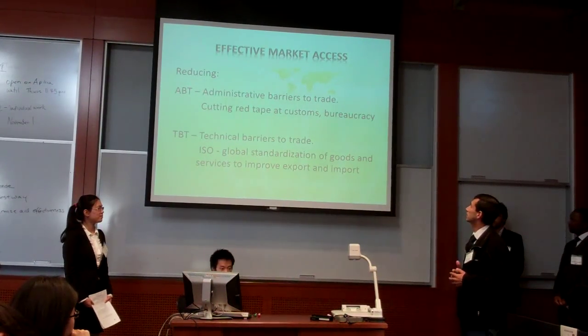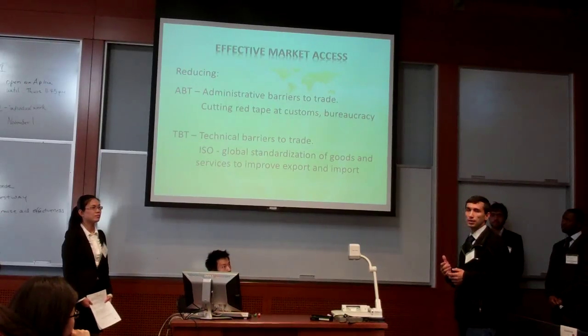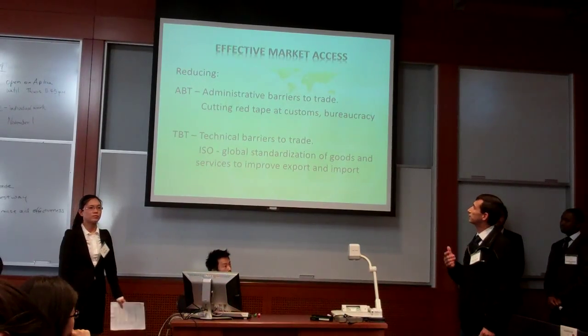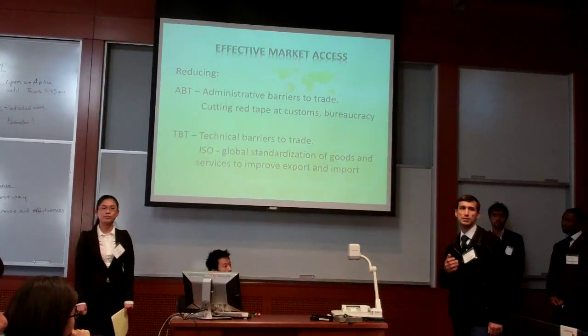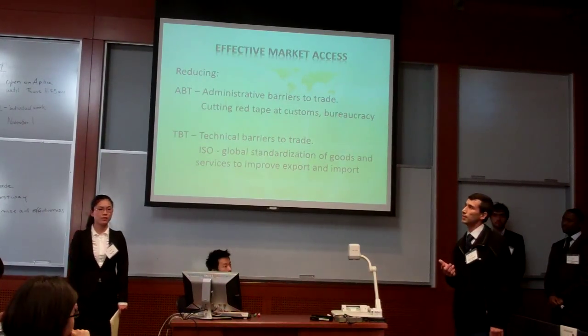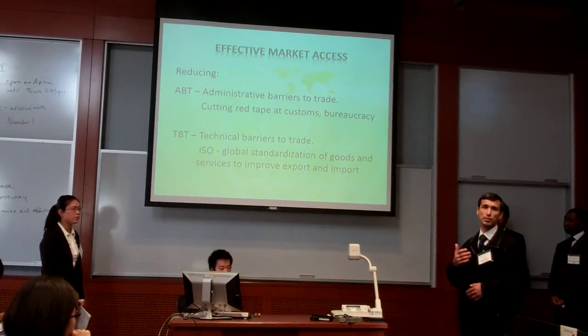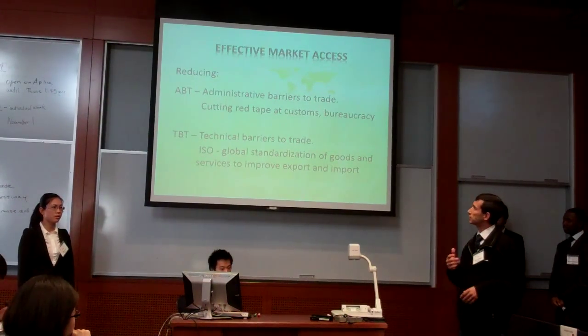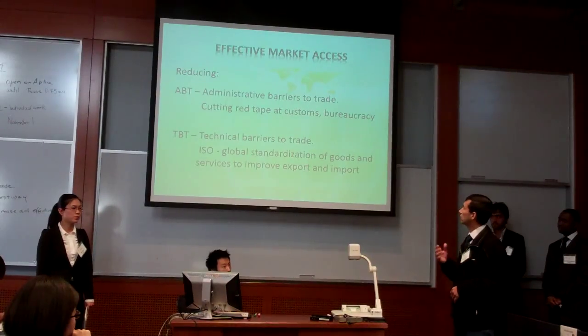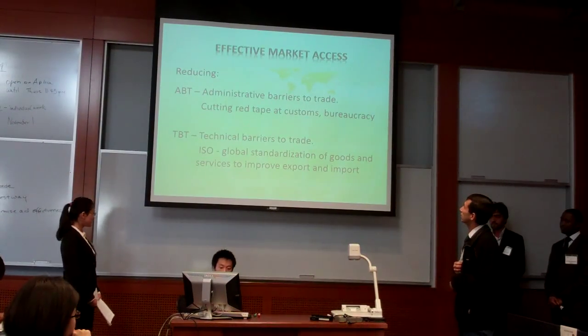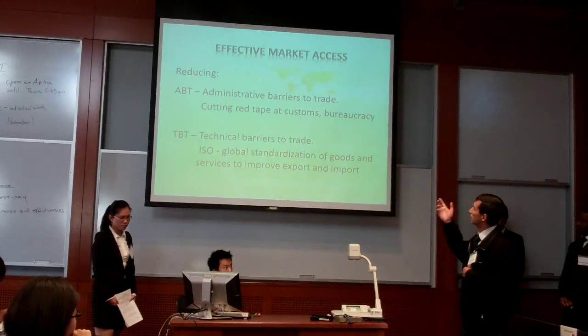And the bureaucracy means that instead of signing 10 or 15 documents for all customs procedures, it is better to sign a maximum of maybe 2 to 3 documents in order to accelerate the process of customs clearance. Since we know that time is money, this makes more benefit than using tariffs.